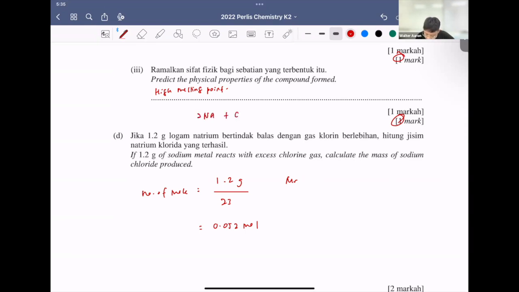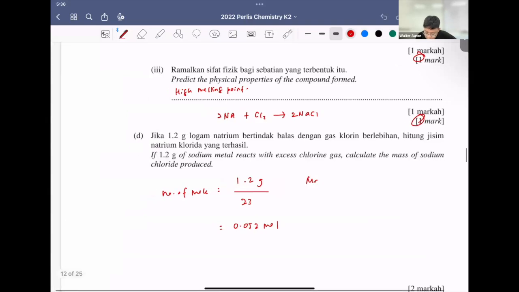Na plus Cl2, you get 2 NaCl, right? So for every 2 mole of sodium, you get 2 mole of sodium chloride.